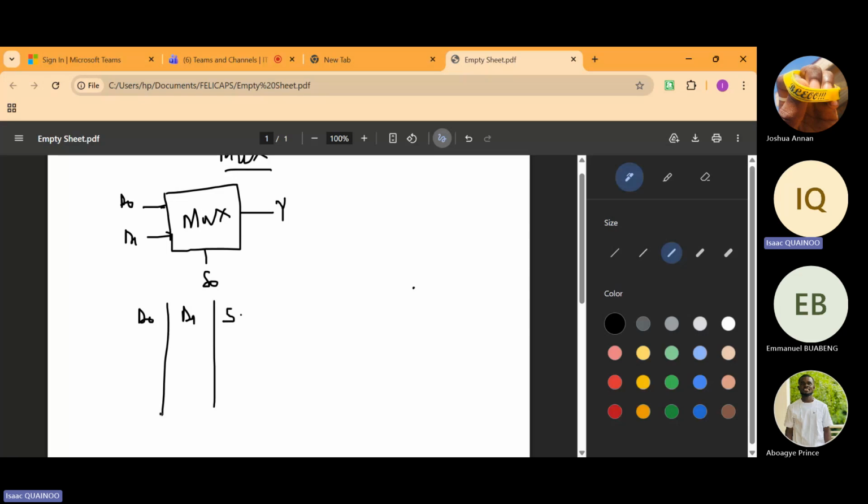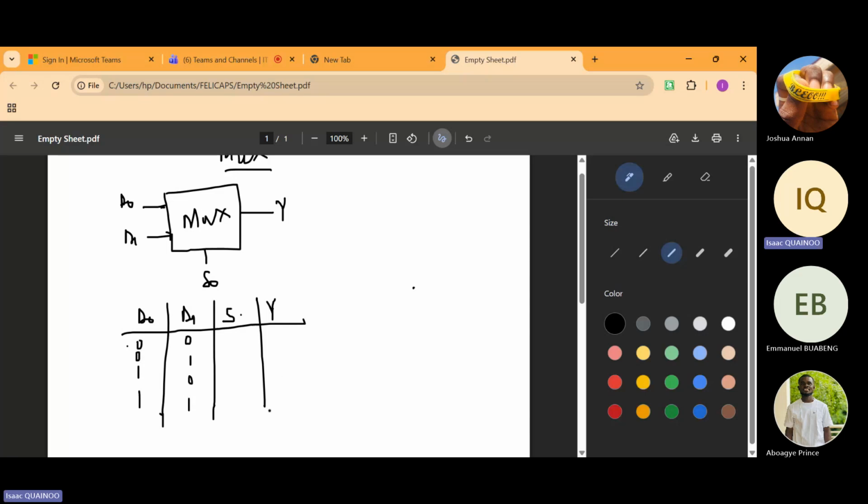And then our corresponding Y value. So for D1, we can have 0, 1, 0, 1. Here we have 0, 0, 1, 1, just like what we do for every truth table.